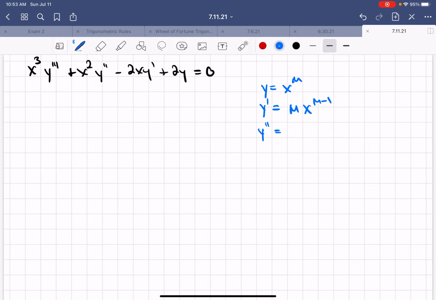The reason we're taking the second derivative is because we have y prime, y double prime, and y triple prime. So we are going to need to get the third derivative of y in order to plug these in. So m minus 1, m minus 2, x to the m minus 2.